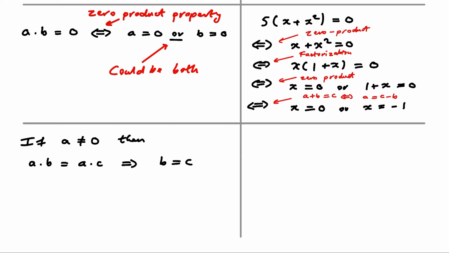Well, if you want, you could divide through by A or multiply by 1 over A on both sides. That would cancel it off. You're left with B equal to C. It only works, of course, if A is non-zero, right? This is not true if it's 0. For example, 0 times 1 is equal to 0 times 3. 1 is not equal to 3. So it has to be non-zero. So this is called the cancellation property for obvious reasons.